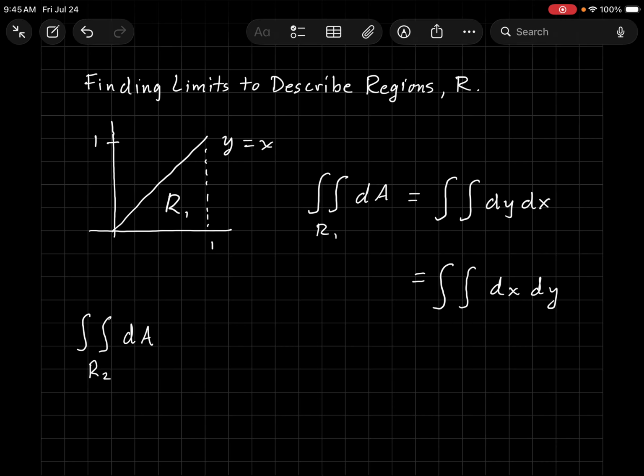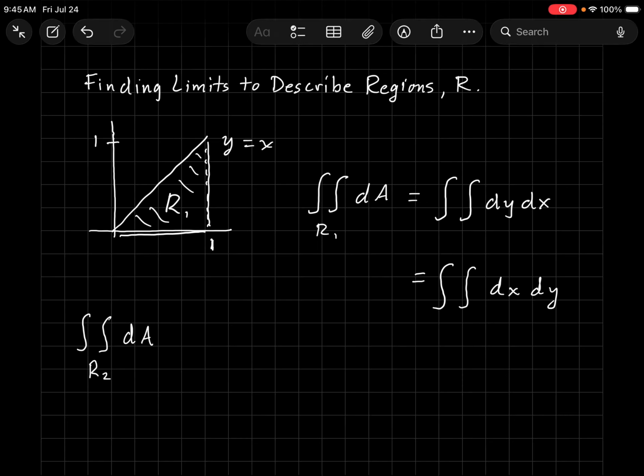I have the line y equals x, and then region 1 is going to go from x equals 0 to 1 and then y equals 0 to 1, but beneath my graph y equals x. How would I find the limits of this region?